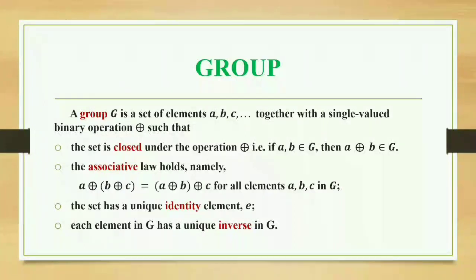Third, G must have a unique identity element, say e. If we consider addition as the binary operation, then the identity element will be 0, and if it is multiplication, then the identity element will be 1. Fourth, every element in G must have a unique inverse in G.